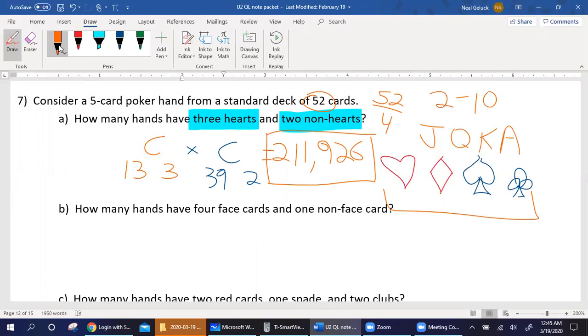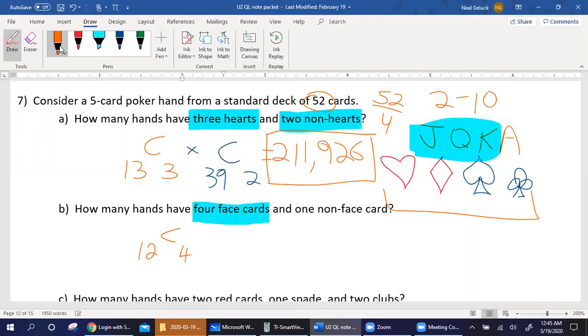On letter B, how many hands have 4 face cards? Okay, face cards are the Jack, the Queen, and the King, because they have faces on them. They're people. Well, there are 4 of each one of those. There's 4 jacks, 4 queens, 4 kings. So 4 times 3 is 12. There are 12 face cards.